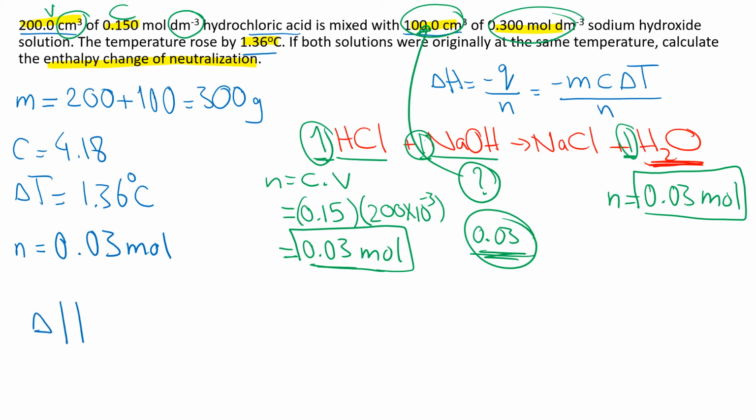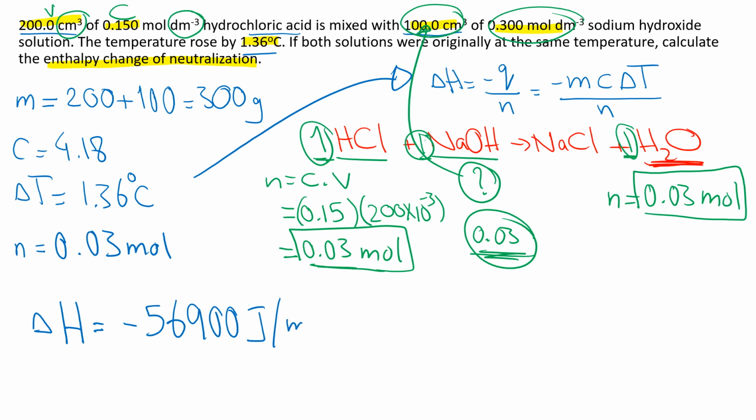So delta H, if you put these numbers in the formula here, you will get this number, negative 5,690 joules per mole. Okay, we can divide by 1,000 to get this number, 56.9 kilojoule per mole. Okay, that's it.